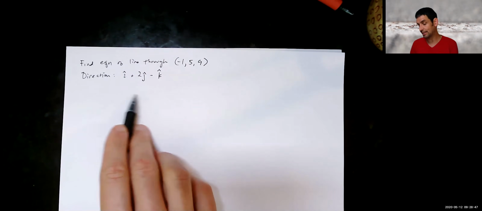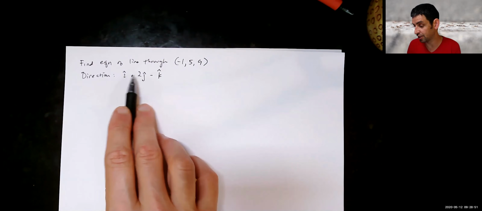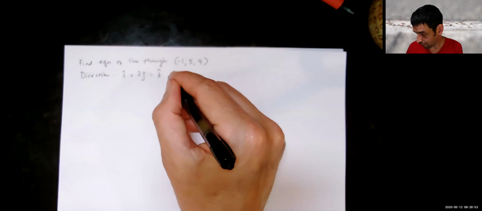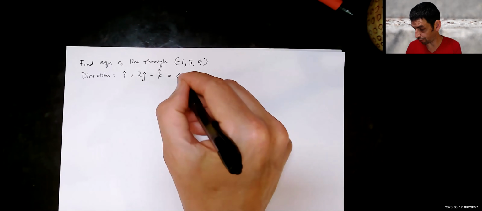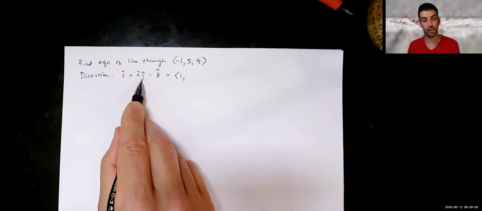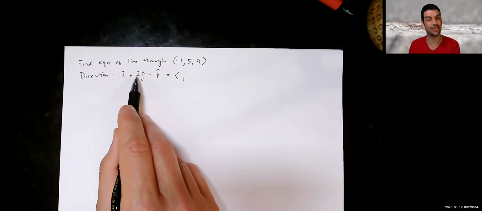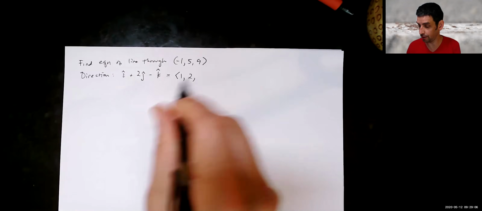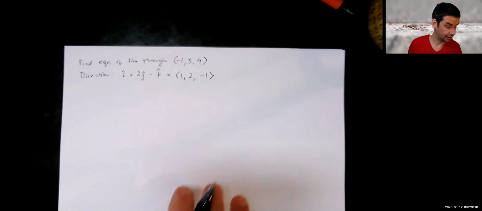Right, so I've written this vector as the sum of our standard basis vectors, i hat, j hat, and k hat. If you remember, i hat is 1, 0, 0, so this sums up to a vector with a 1 here. The j hat is 0, 1, 0, but there's a 2 there, so together that is 0, 2, 0, so we get a 2 here, and then minus 1 for the k hat. So that's what that vector is.